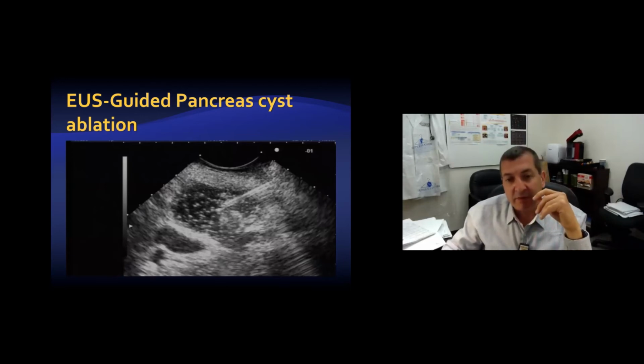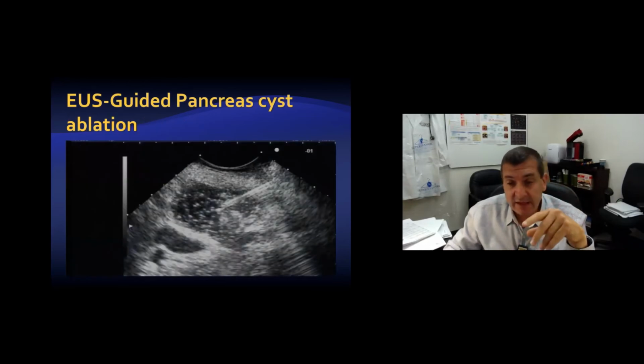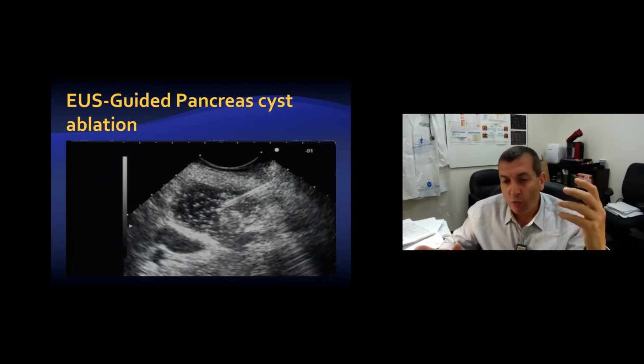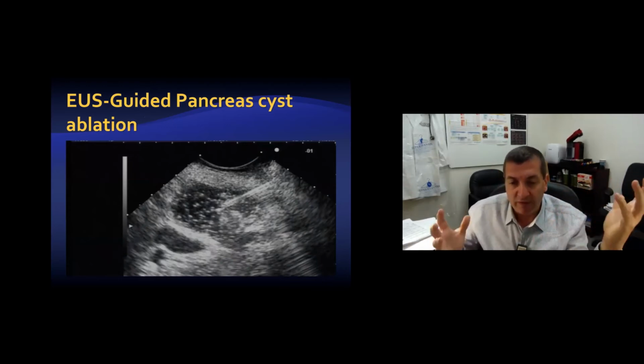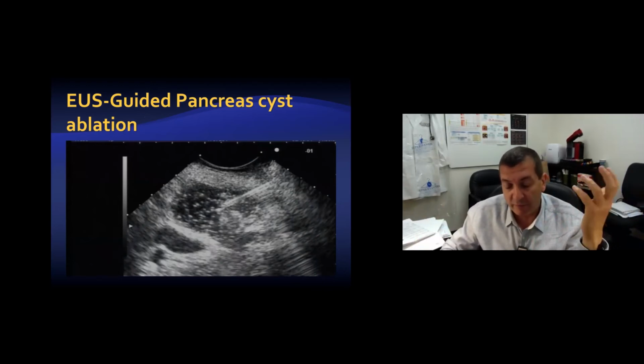This is an example of ablation of a pancreatic cyst. So a lot of people at the beginning tried, instead of following up on those cysts by imaging and waiting for them to grow, what about ablating them and removing them, or just blocking them from ever growing?